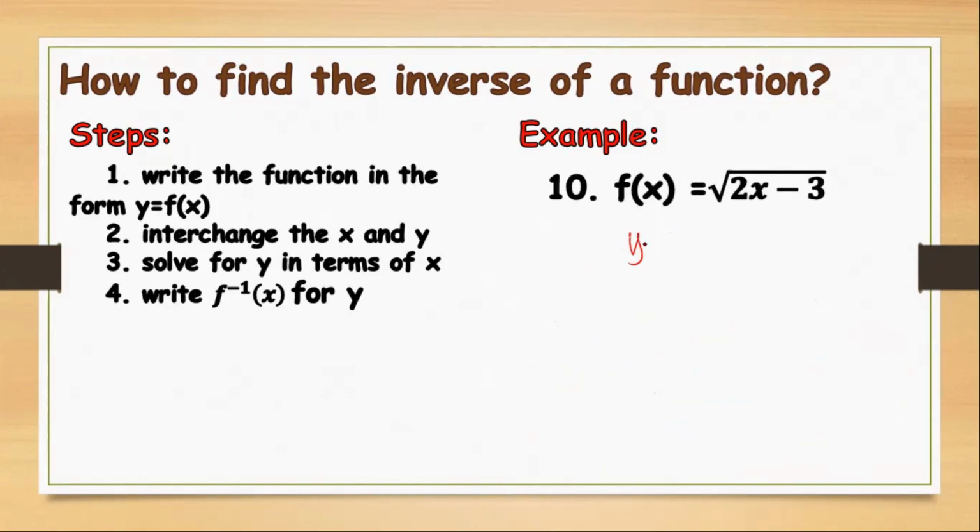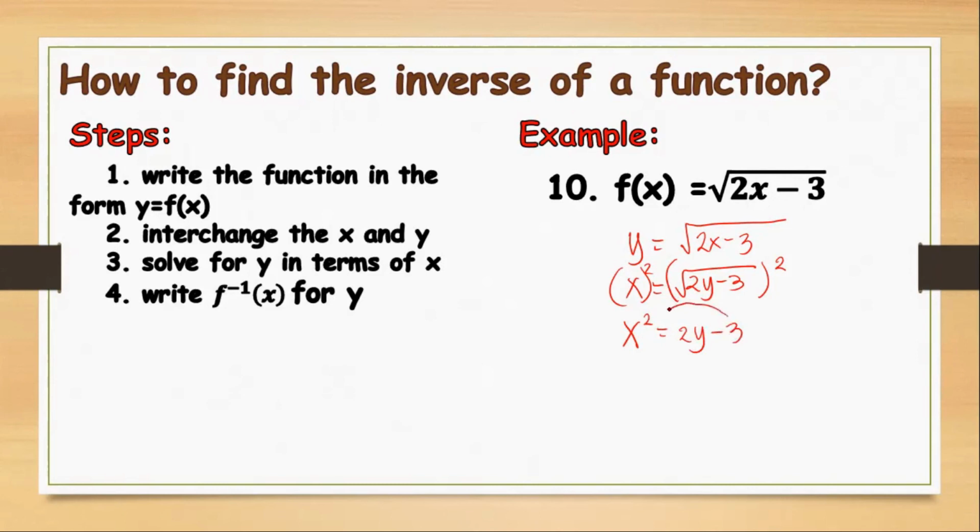Okay, we have y equals square root of 2x minus 3. Then we have x equals square root of 2y minus 3. What will happen if we see a square root here? In order to eliminate the square root sign, all we have to do is square both sides of the equation. So what will happen? We'll have x squared equals 2y minus 3.